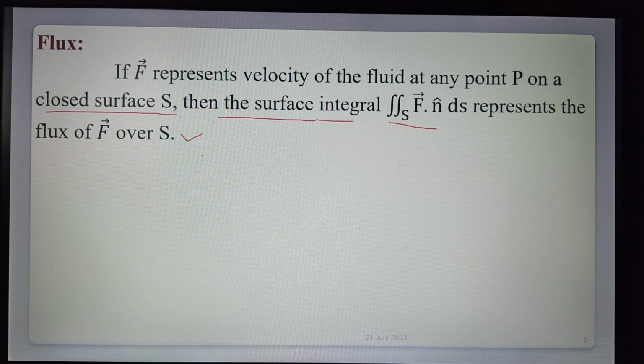Then the surface integral of f bar over S is called flux.